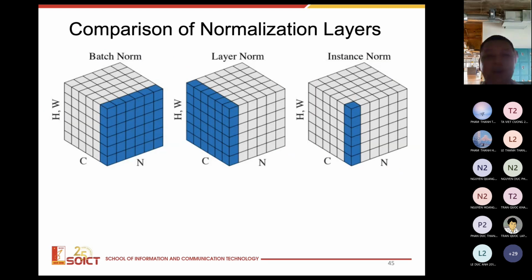If you compare the different types of normalization, for batch normalization you do the normalization over the n samples of the batch, right? For layer normalization, you do the normalization for each sample across all channels. For instance normalization, you do the normalization for each sample and in each channel.